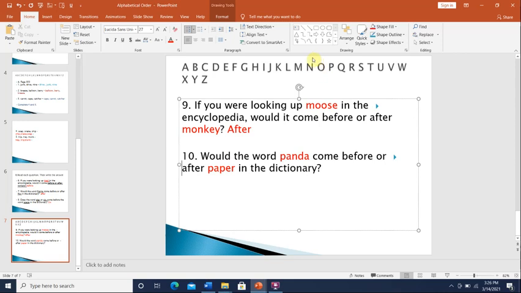N. So panda will come first. So that means panda will come before paper. Okay? And that was our lesson today, how to put words in alphabetical order. You can also practice this by putting your spelling words in alphabetical order. Okay, I hope this was pretty easy.